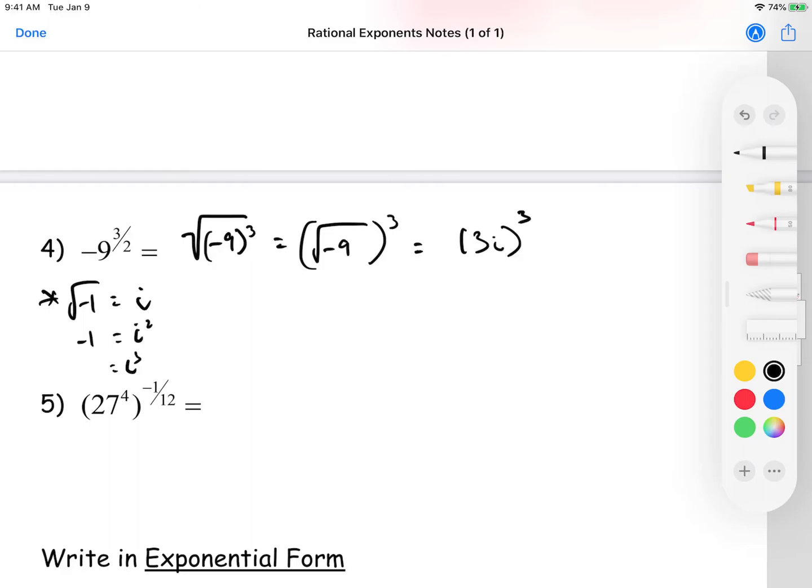Does anybody remember? Well, think about it. You've got i, which is the square root of negative 1, times i squared, which is negative 1. So it'd just be negative square root of negative 1, which would simply be negative i. That's okay, Riley. So if that's the case, I know that i cubed is negative i, and 3 cubed is 27, so this would be negative 27i.